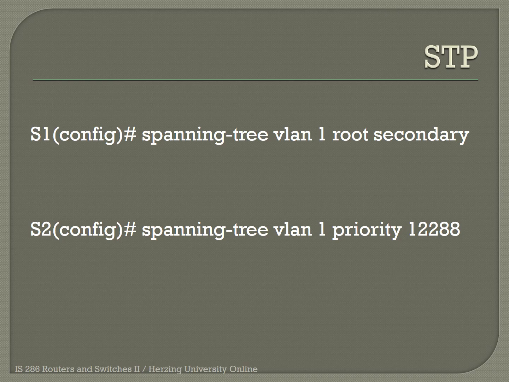We can do this in one of two ways. The first is using the spanning-tree vlan ID root secondary command. The second way is to configure the backup root bridge with a priority value that is lower than the default value, but higher than the priority value of the primary root bridge.